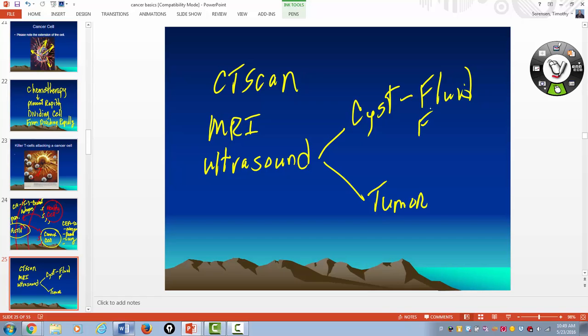Tumors are solid. So an ultrasound can detect if you have a tumor or tumors, whether they're fluid filled or they're solid. So that can give you some additional information.